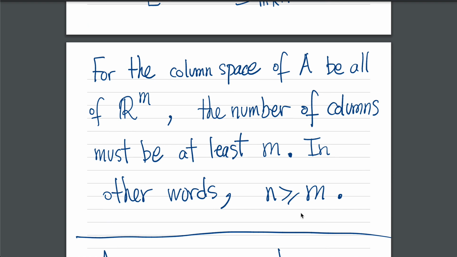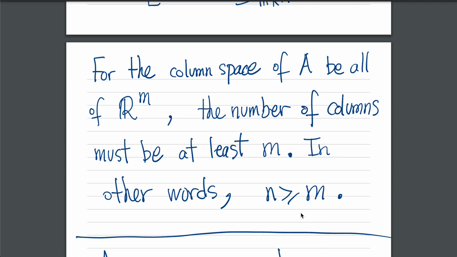Again, for a rigorous proof, I refer you to the book. For the intuition into it, just think about it. If you are in a three-dimensional space and you only have two vectors, these two vectors in a three-dimensional space define a plane.